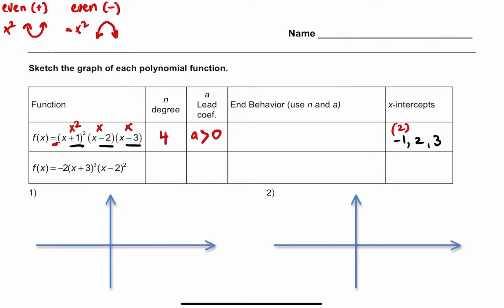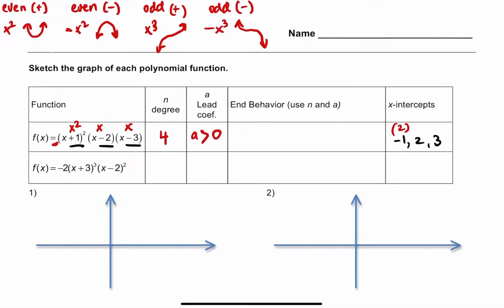If I have odd positive, I can think of x³, which looks like this. And if I have odd negative, I can think of -x³, which will face in the opposite direction like this. Okay, so this should help me figure out what the end behavior is.